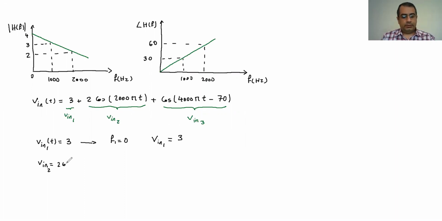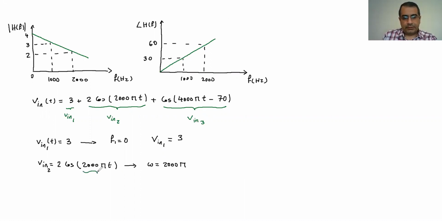The second one is 2 cosine(2000 pi t). So the omega is 2000 pi, and we know this is the omega t.